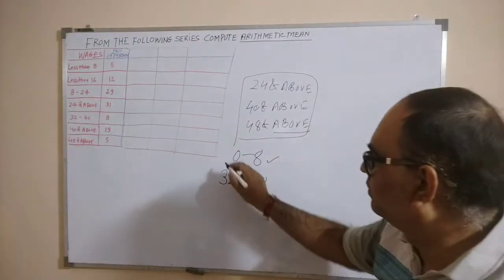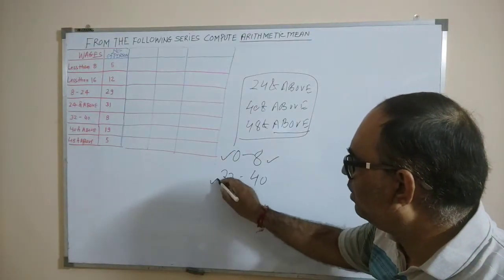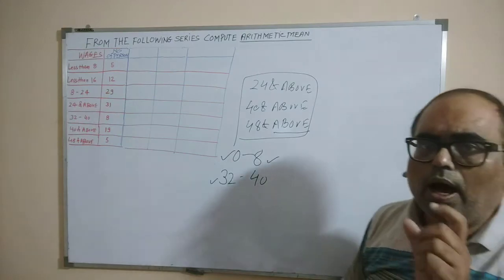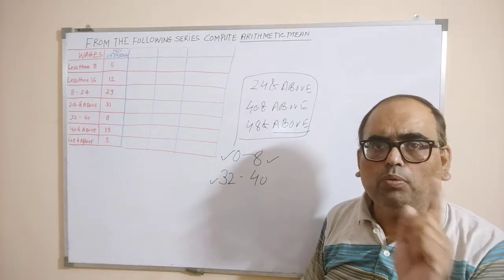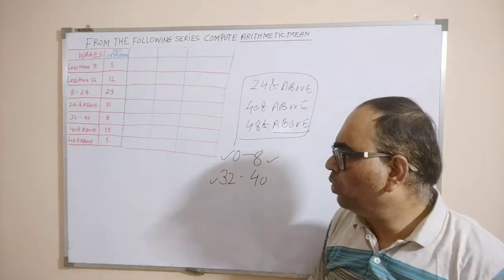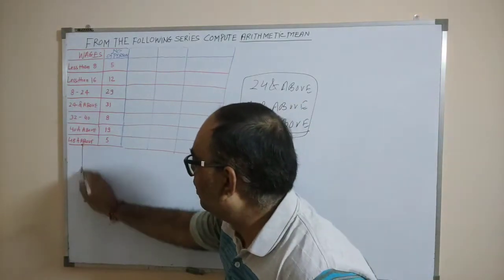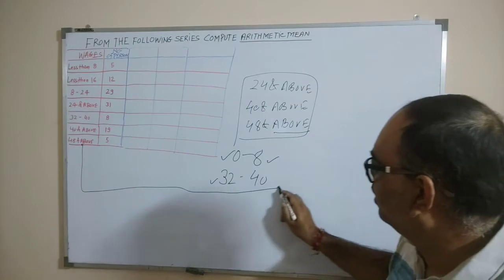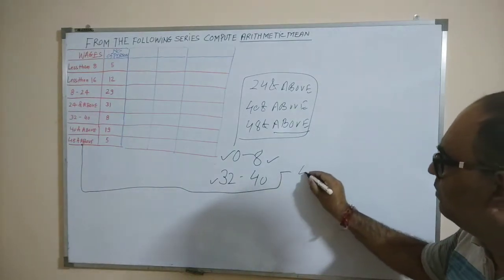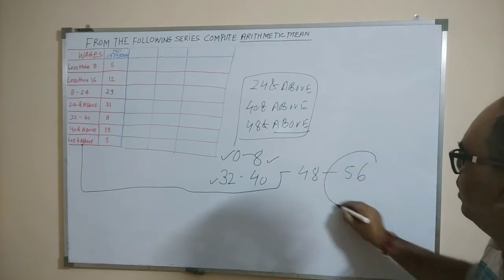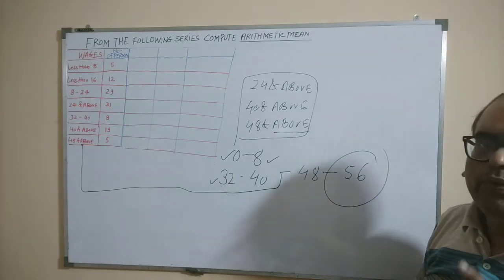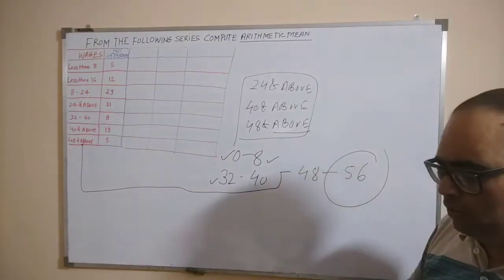Two class intervals, 0 to 8 and 32 to 40. The difference of the class interval, L2 minus L1, is 8. So we can tell the maximum wages will be 48 to 56.